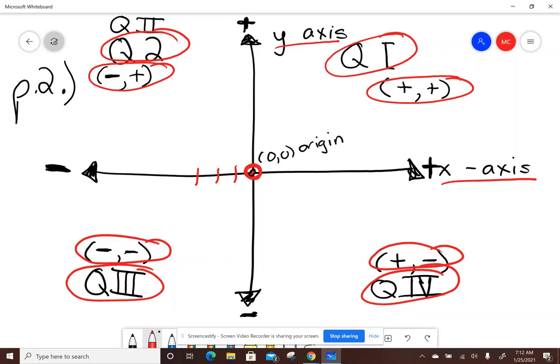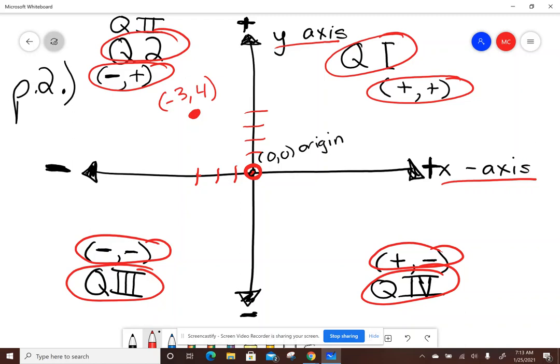So you walk to the elevator before you go up and down. So I go left 3, and then I go up 1, 2, 3, 4. So this point right here, negative 3, 4. And it asks you what quadrant is it in. Well, this is easy because I have it labeled. So this is in quadrant 2.